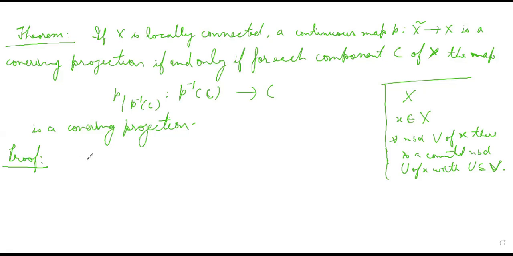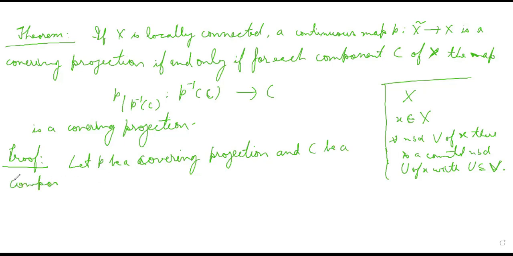Proof. Let P be a covering projection and C be a component of X. So if you have a locally connected space, then its components will be open.